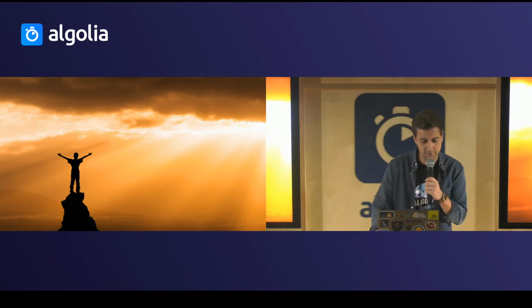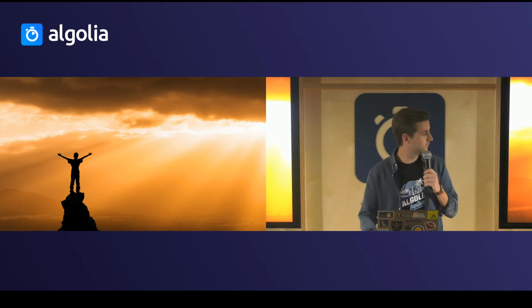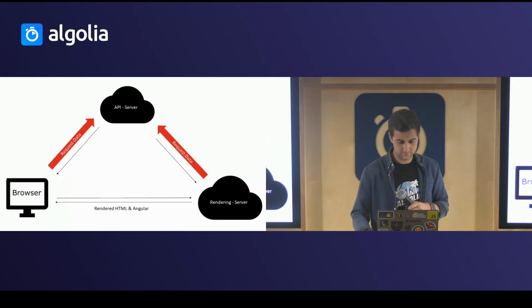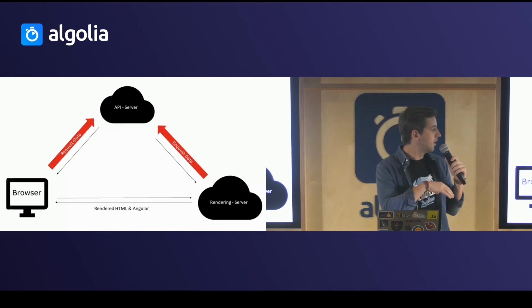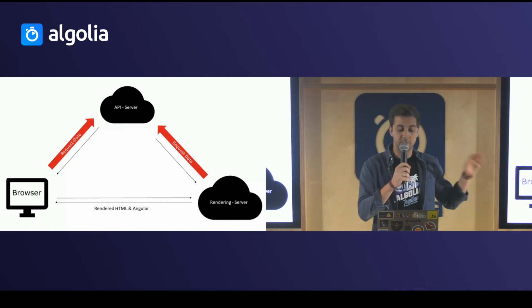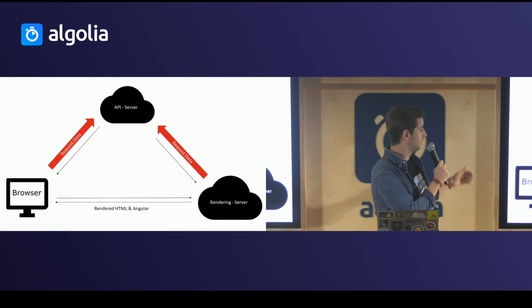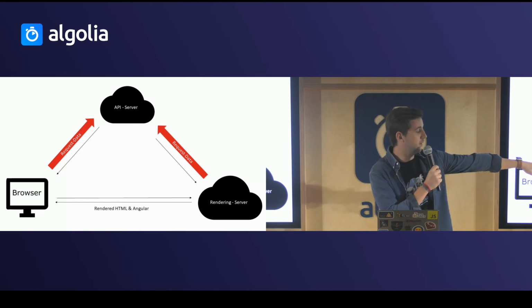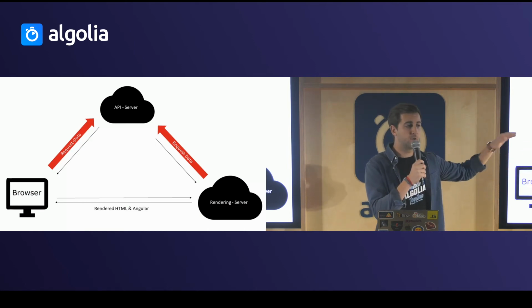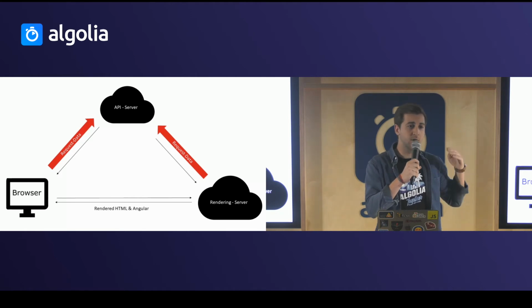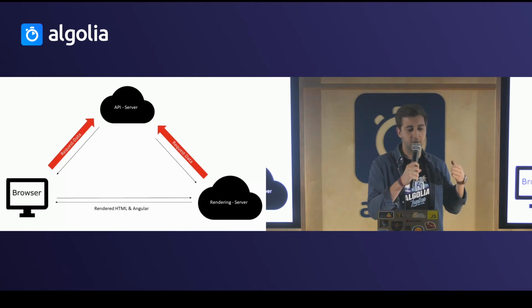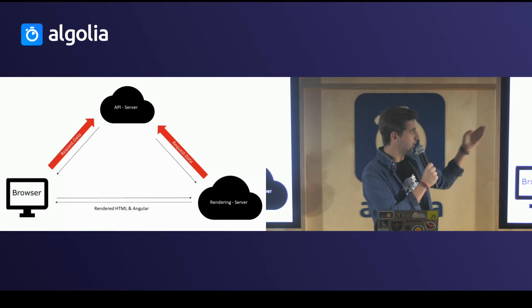So let's see a real-world example with an application that is doing API requests. This is the schema of what we will try to do. The browser is still requesting a page from the rendering server. The rendering server starts the app, runs the code, and finds out that it needs to make a request to an external API.